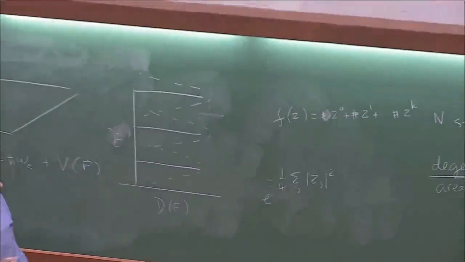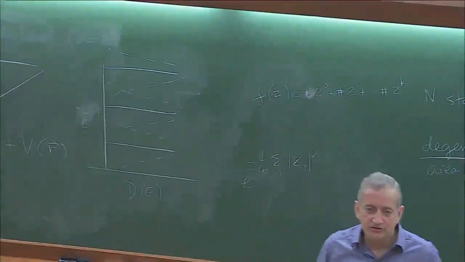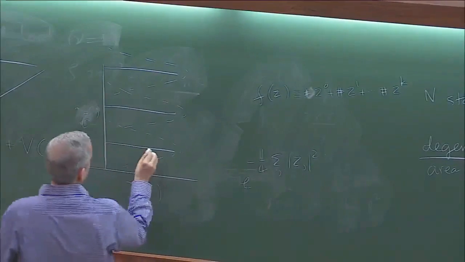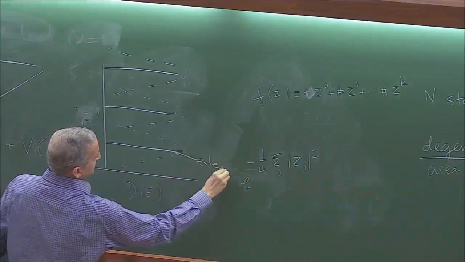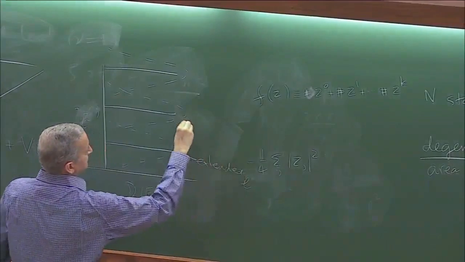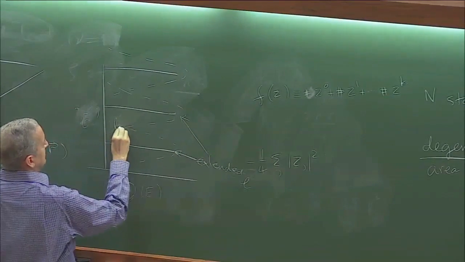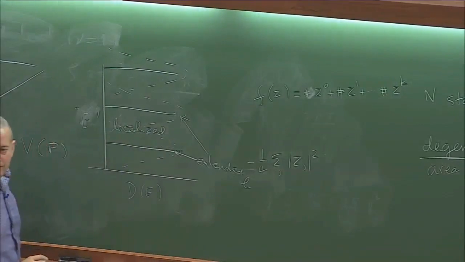So the picture that we have, which will be crucial to explain the integer quantum Hall effect, is that we have extended states here, and we have localized states here. So the density of states broadens.